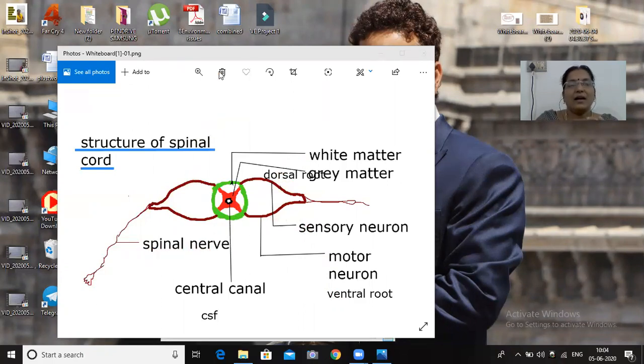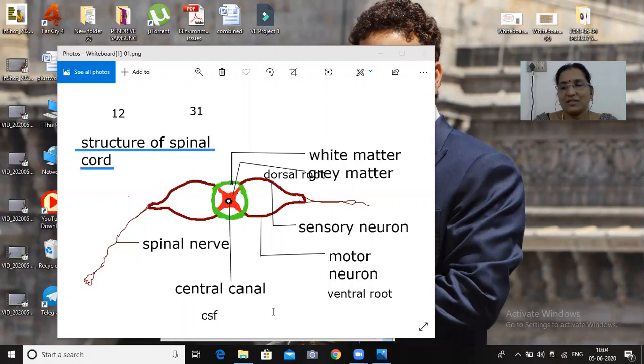There are 31 pairs of spinal nerves present in the human body. Then there are 12 pairs of cranial nerves present. What do you mean by cranial nerves? Well, actually those are the nerves which originate from the brain. Then what are the two important functions of spinal cord? Yes, that it transmits impulses to and from the brain.